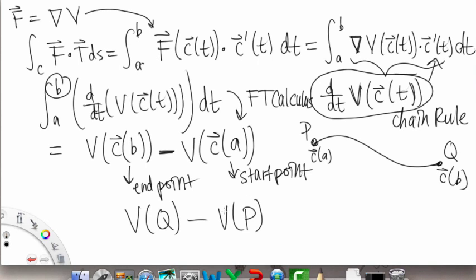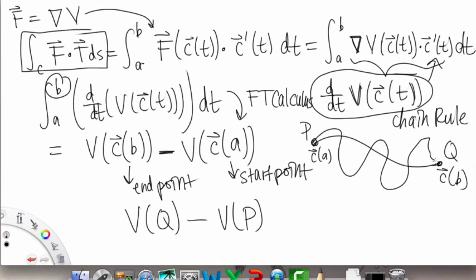An important part of this whole theorem is that the entire line integral, when dealing with conservative vector fields, only depends on the start point and the end point. Anything in the middle, even if we took different paths and started and ended at the same points, we would get the same line integral.